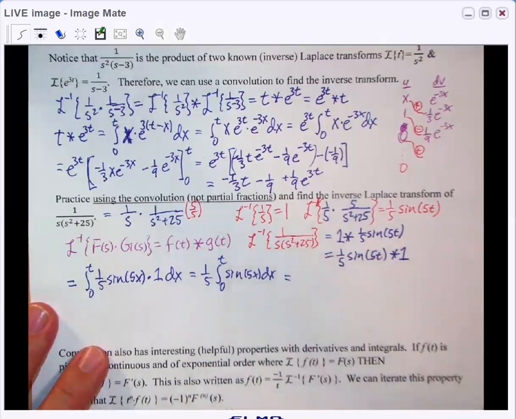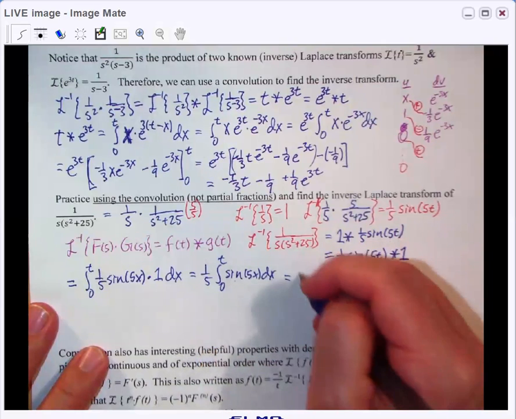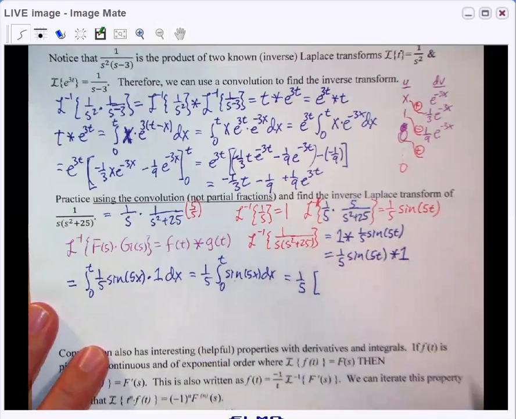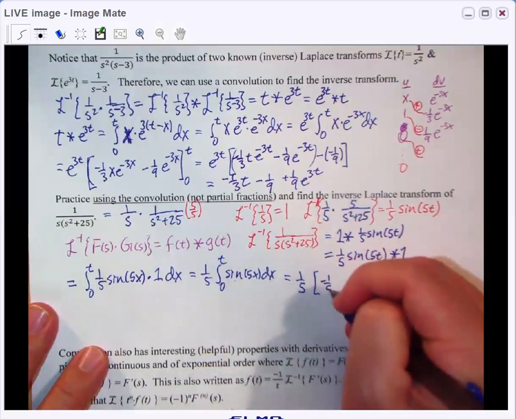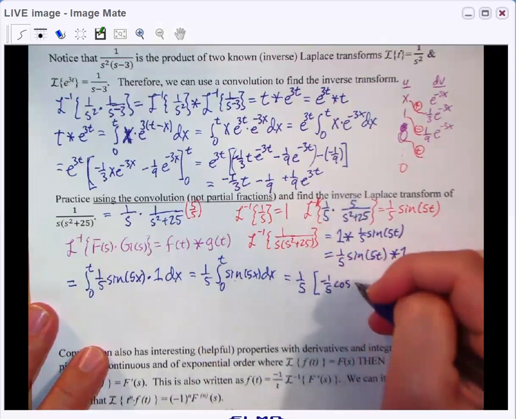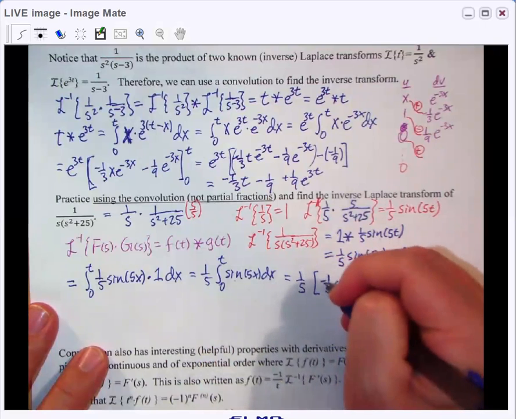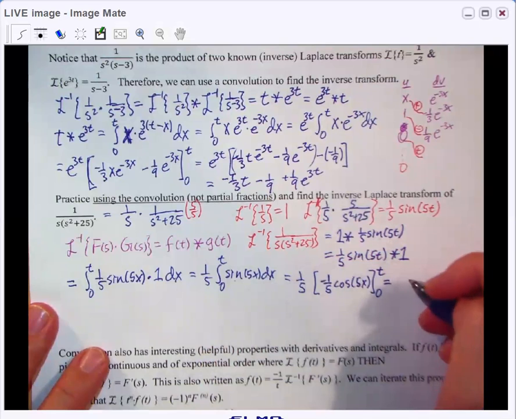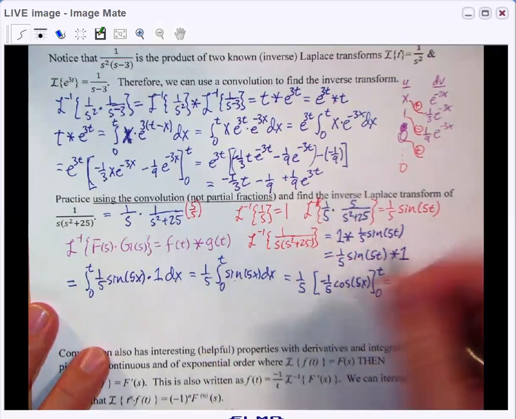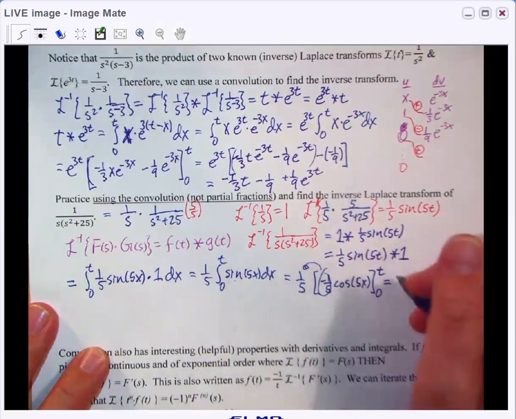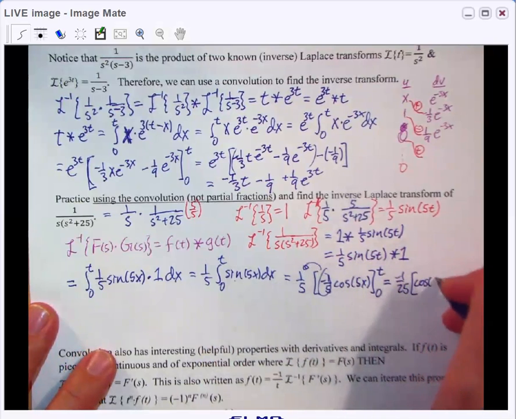And the antiderivative of sine of 5x would be negative 1/5 cosine of 5x. And we're going to evaluate that from 0 to t. Let me factor this negative 1/5 all the way out front. So we've got negative 1/25 times the cosine of 5t minus the cosine of 5 times 0, which is 0.